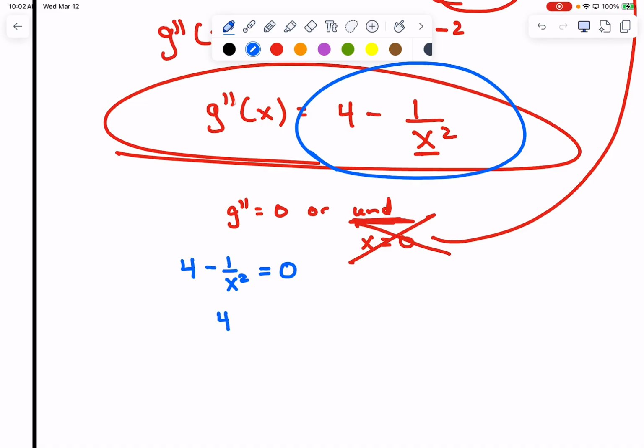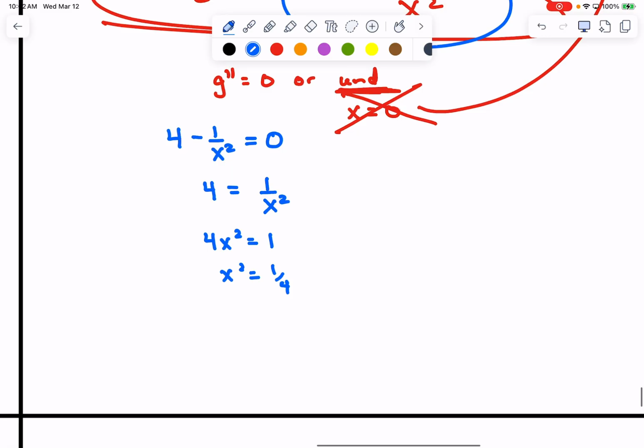Okay, so we're going to have 4 is equal to 1 over x squared. I don't like the fact that x is in the denominator, so let's go ahead and do what? Multiply both sides by x squared. So we're going to have 4x squared is equal to 1. Then we're going to have x squared is equal to 1/4. Then we're going to take the square root of both sides.